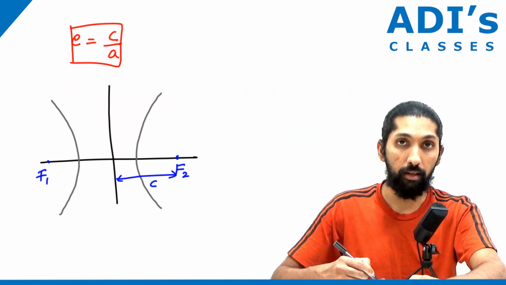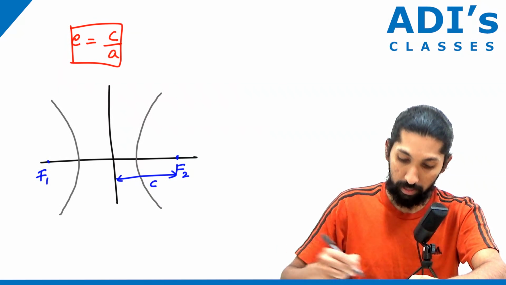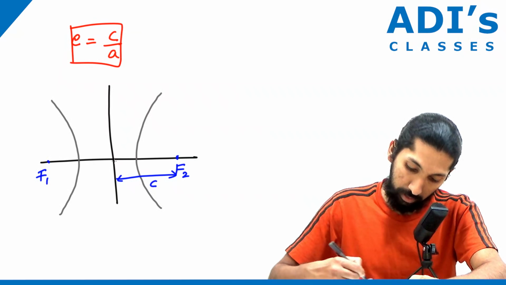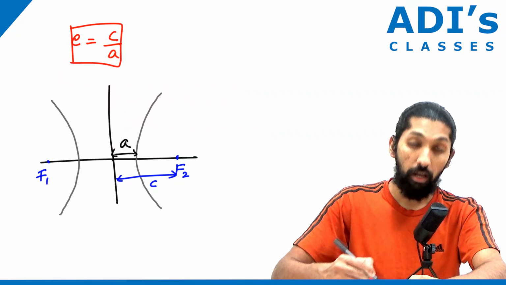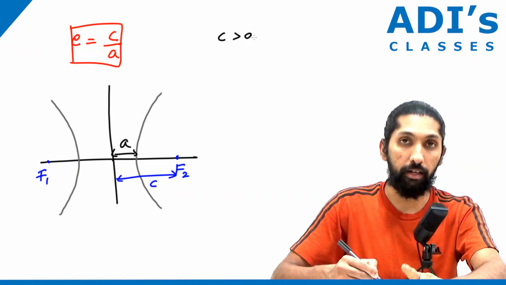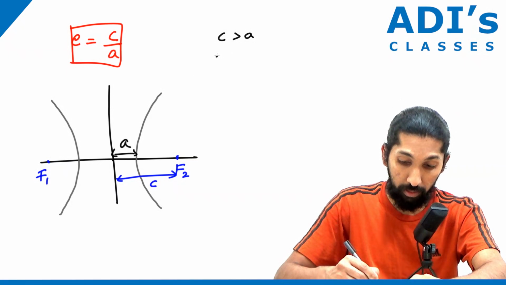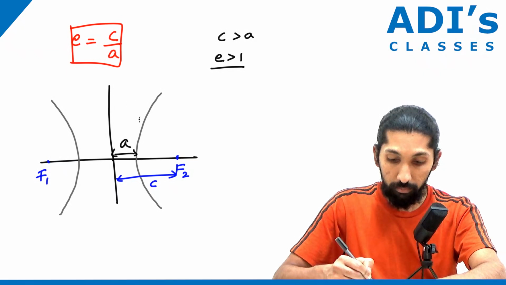This distance is c, and you also know that the distance from the center to the vertex is a. What you're seeing here is that c is greater than a, correct? So the e value is greater than 1. It's a very important part.